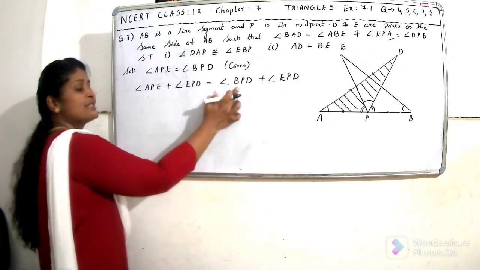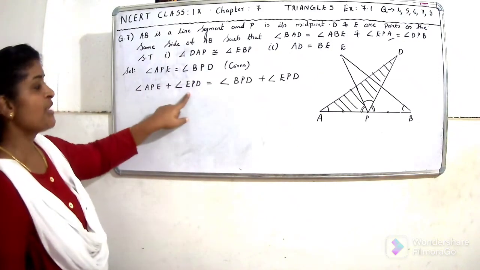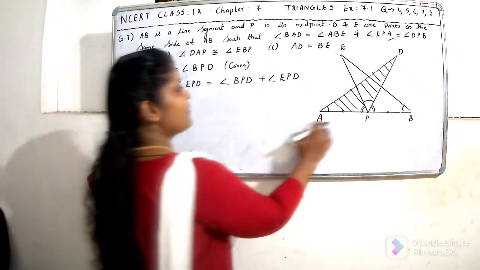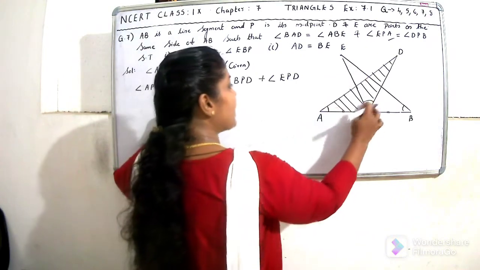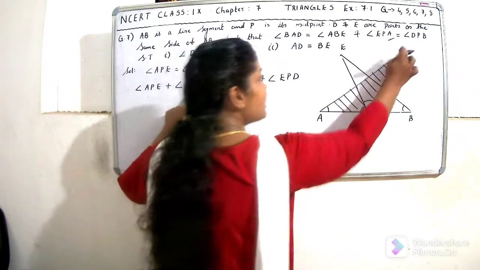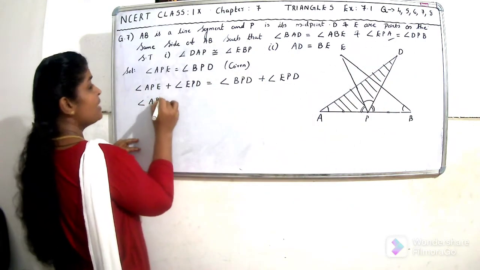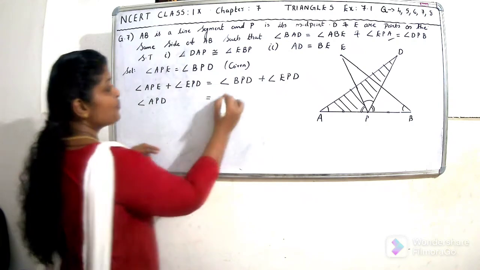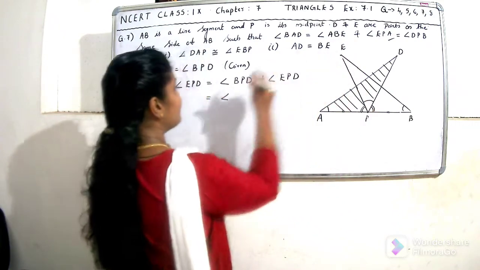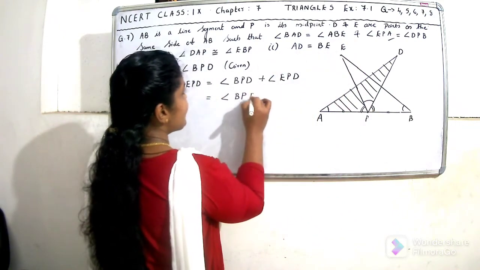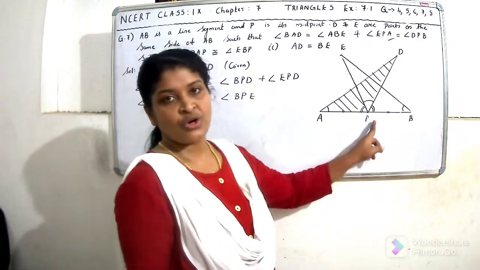These two angles are equal and we are adding equals. The sum of APE, that means this half, and the other half, that means the complete angle of P, is angle APD. So when we add these two, we get angle APD is equal to angle BPE. So these two corners are equal.